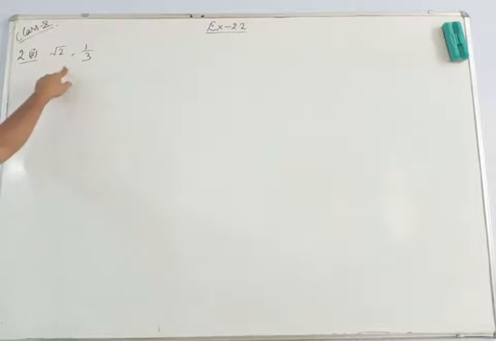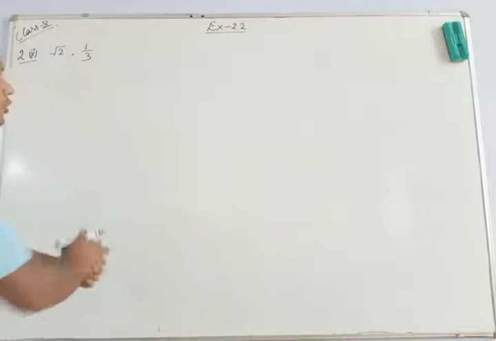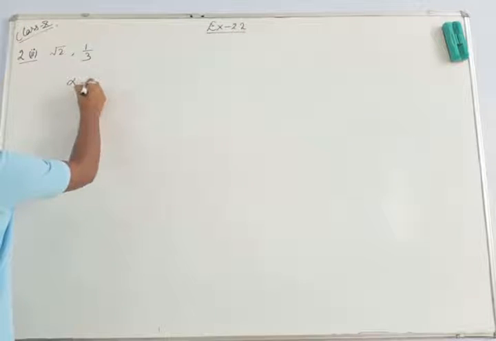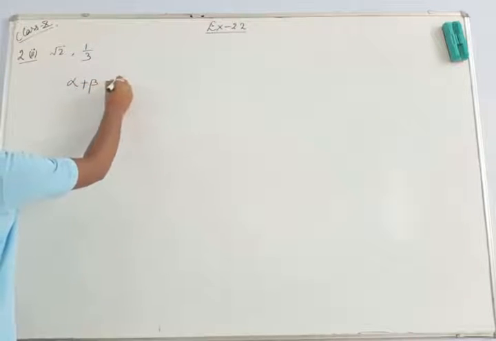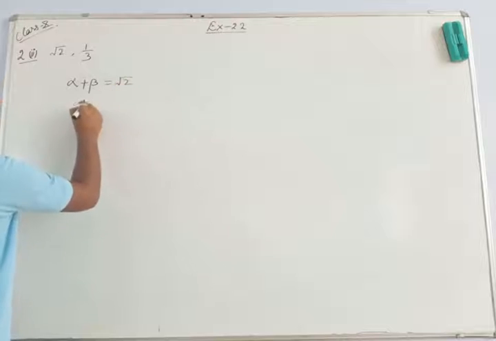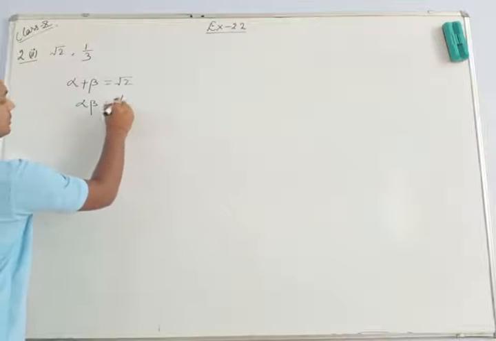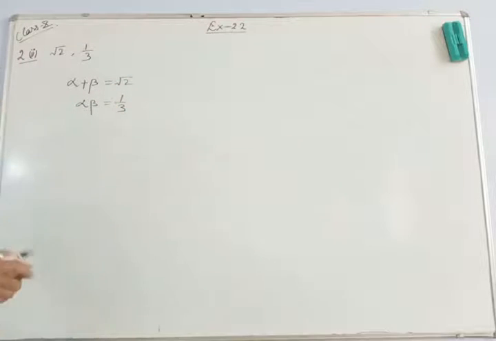Now the second question. In it, alpha plus beta is given square root 2 and alpha into beta is given 1 upon 3. So we will be writing it directly. Alpha plus beta equals to root 2 and alpha beta, the multiplication of zeros, equals to 1 upon 3.